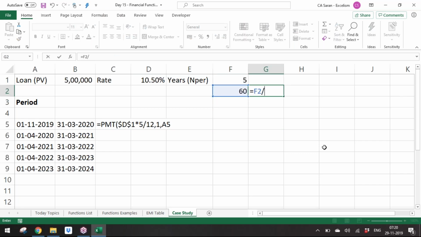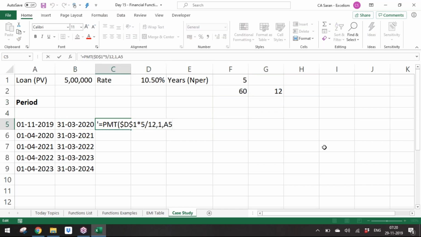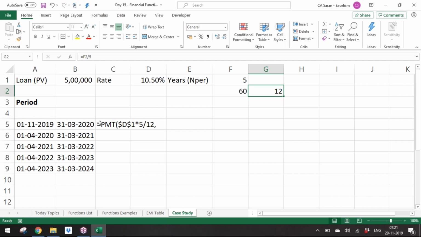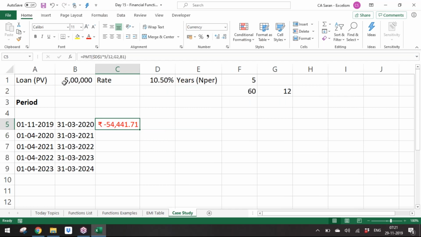If I divide by 5, that means I'm going to pay 12 periods. So I'll put 12 here. Then I'll put the reference to this, comma, this is the one. Then close bracket. If I enter, for the first 6 months, you need to pay this amount.